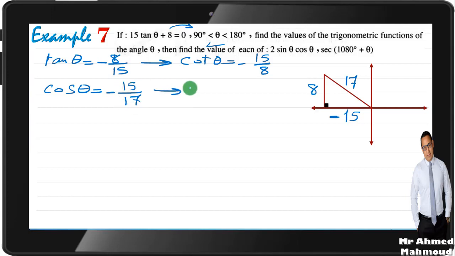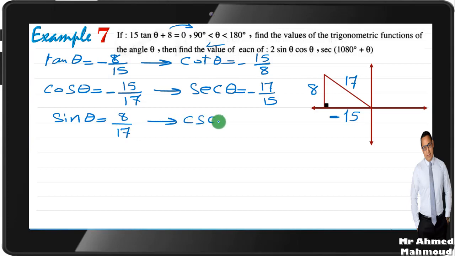From cosine I will get sec theta, which equals negative 17 over 15. And sine theta, which is equal to opposite over hypotenuse. And from sine I will get cosec theta, which is 17 over 8.